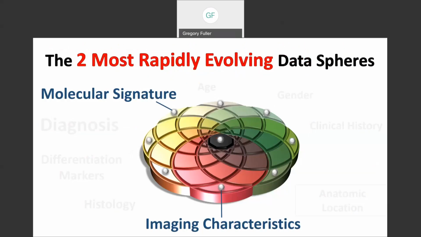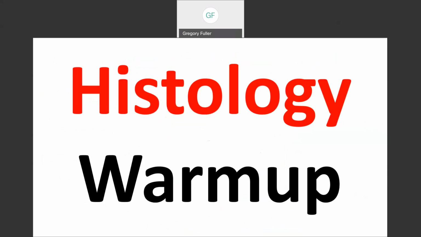Again, pathologists tend to be very good with molecular signature, staying up to date, all these conferences. They tend to be very weak with imaging characteristics. The imaging characteristics are applicable to every subspecialty, not just neuro and bone, although neuro and bone have featured them for a long time. Okay, so that was a little warm up.